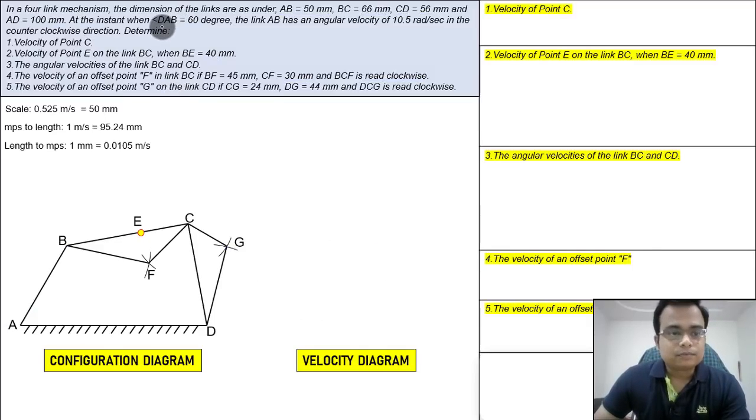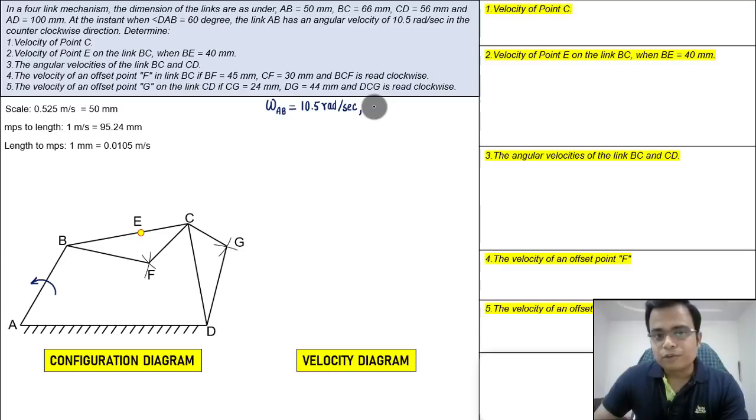So what we have is this link AB. This is also a crank, you can say. It has an angular velocity of 10.5 radians per second in the counterclockwise direction. Let me write this: omega for AB has been given as 10.5 radians per second.